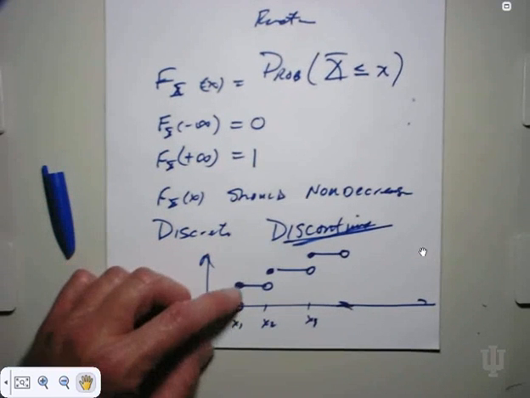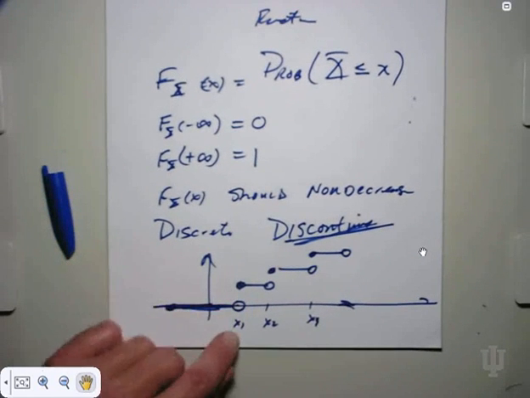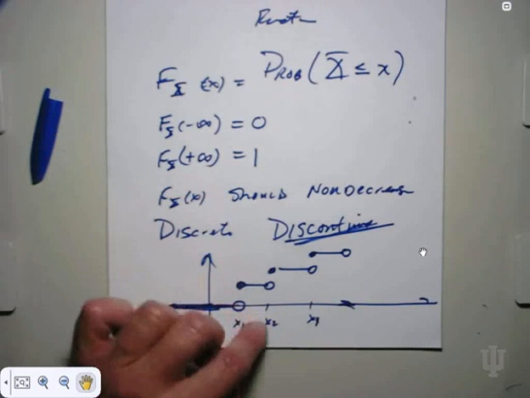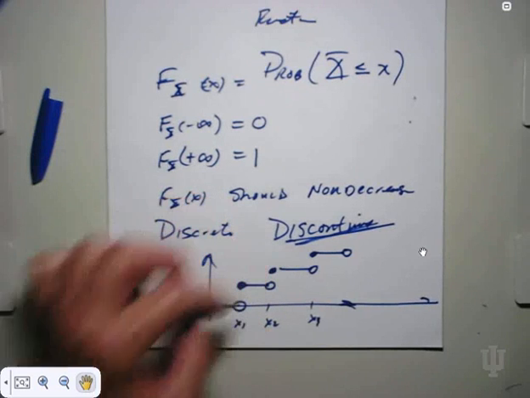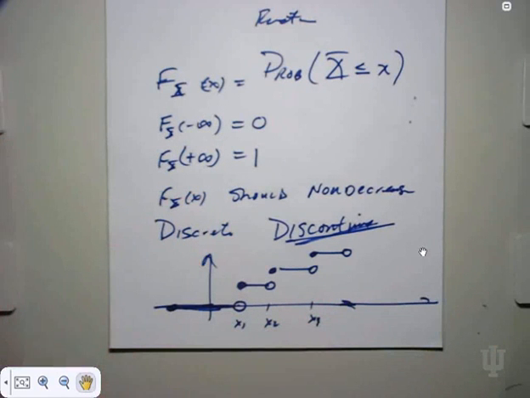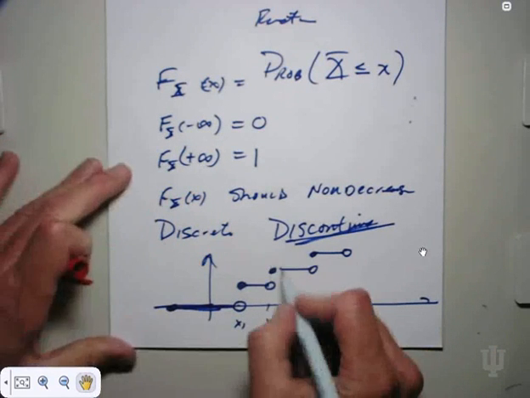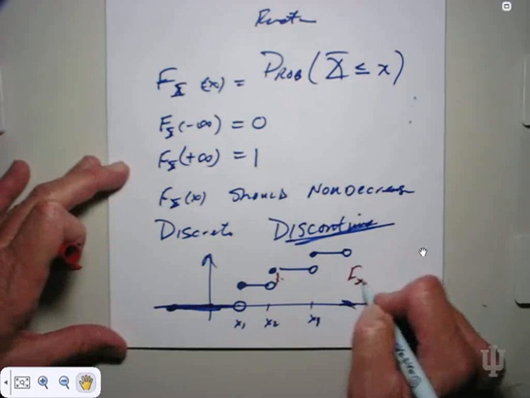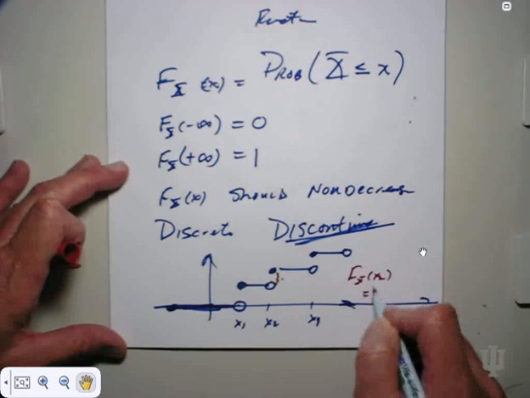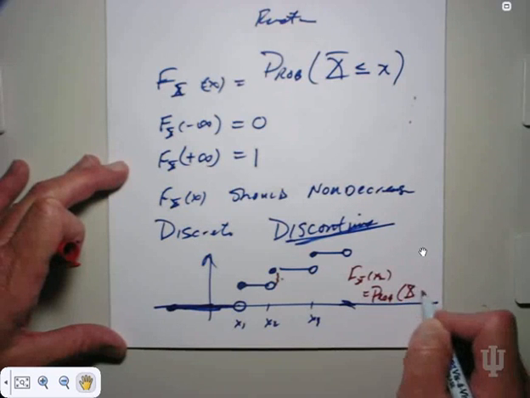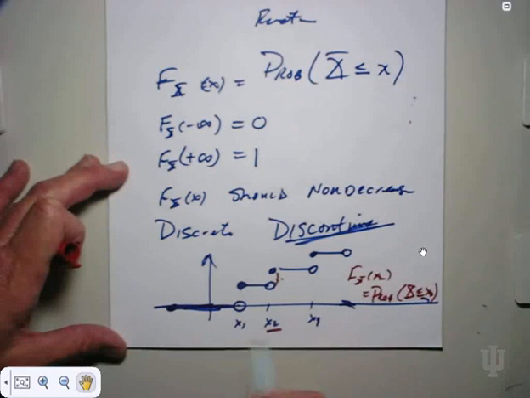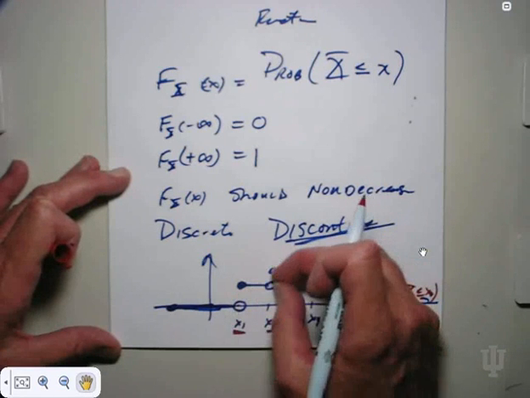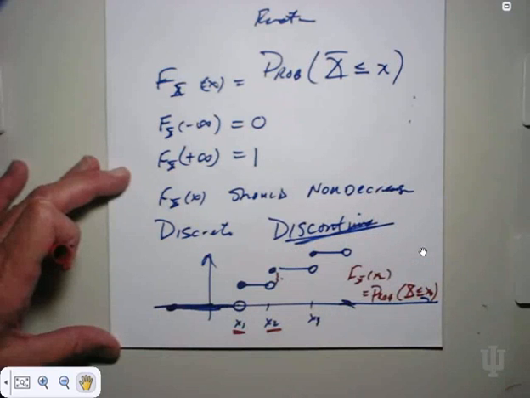And what a jump means in this context is that the probability that x equals x1 is this height. The probability x equals x2 is this height here, because Fx of x2 is this, and that would include this one and this one, and that's why this part here is coming from this probability, and this part here is coming from the probability x equals x2.